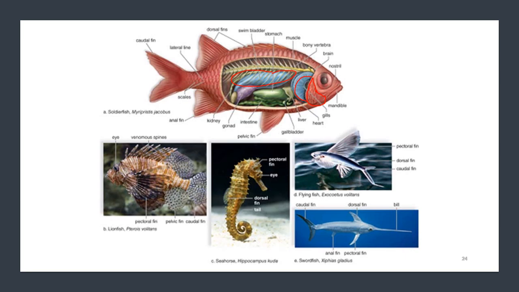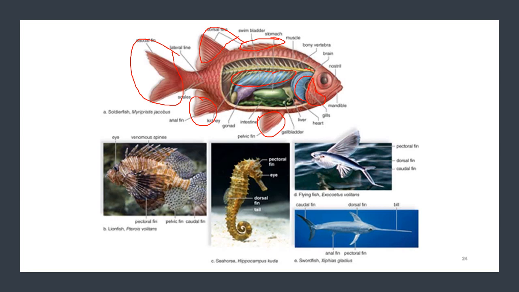Similarly to our class Chondrichthyes, we have dorsal fins. Sometimes there are more of those up here. And then there's the caudal fin, which is the tail fin. They have the anal fin, and they have the pelvic fin. So note that they do not have the claspers that we saw in our sharks because we have external fertilization, not internal fertilization.